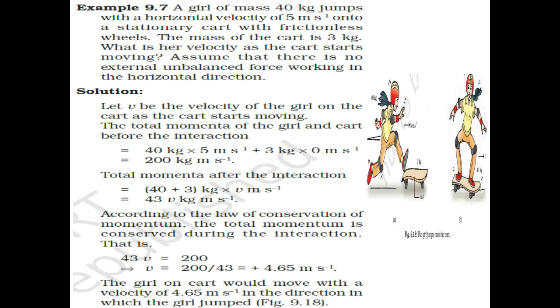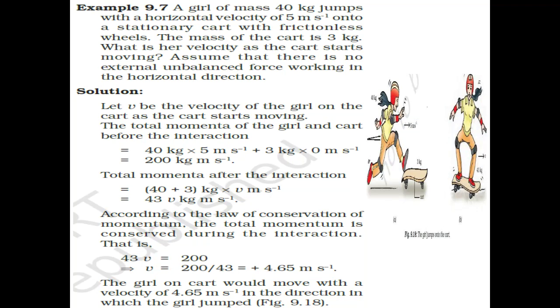Next is a girl of mass 40 kg. This girl, mass m1 is 40 kg, jumps with a horizontal velocity of 5 meter per second into a stationary cart.